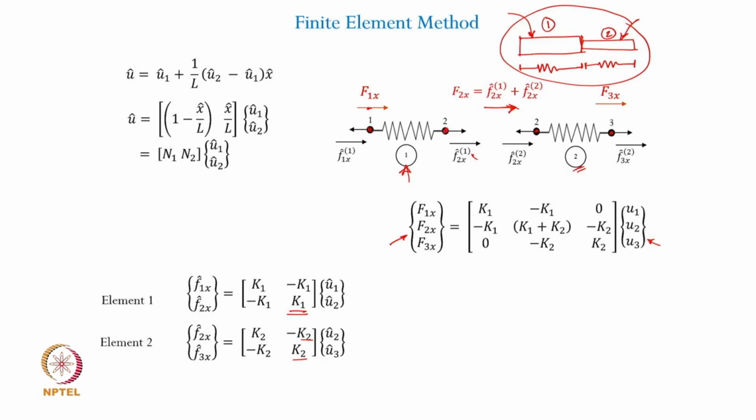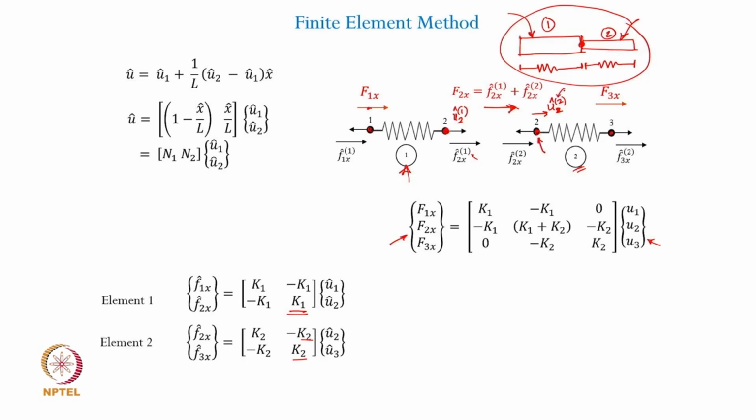Because we are going to connect this node with this node, just like what you see here in the global system. Sorry, if you define this as U2 cap 1 and this one as U2 cap, which actually means that this U2 is the nodal displacement of this element, but that it belongs to the second element.